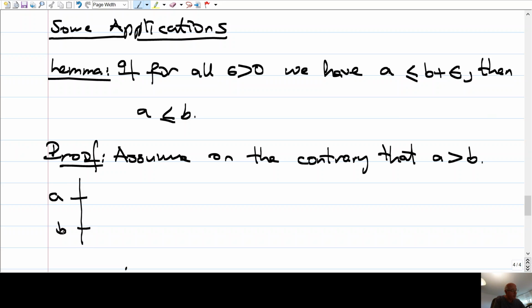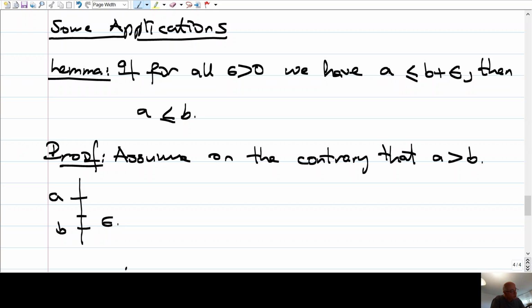If I add something small enough to B, I will not get a real number which is larger than A. If I choose my epsilon to be the distance between these two divided by 2, then B plus epsilon will be just halfway between these two real numbers, and B plus epsilon won't be larger than A.